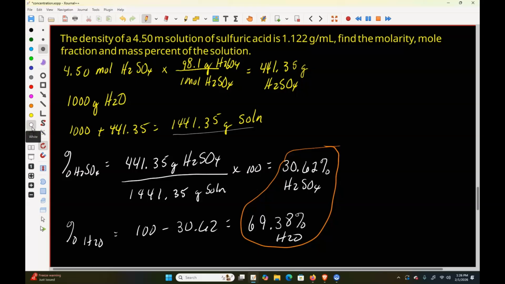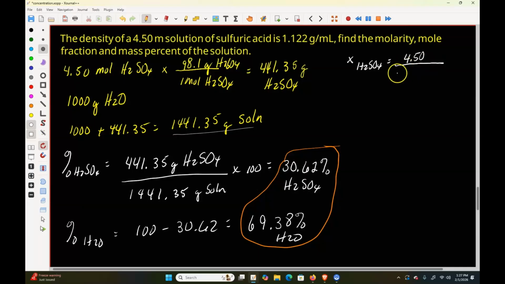Okay, so next thing let's do, let's find the mole fraction. So the mole fraction for sulfuric acid, I have 4.5 moles over the total moles.